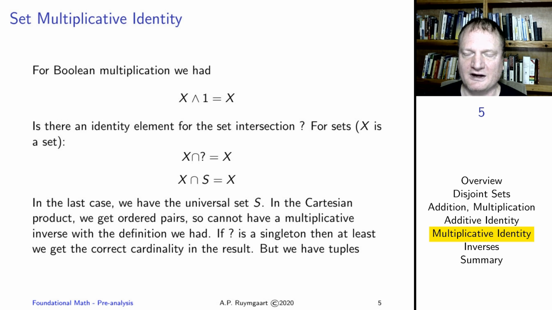So if our set S contains every possible element, then it's also going to contain whatever is in x. So x intersection the universal set is going to return x. And therefore, the universal set of whatever our domain is going to be the multiplicative identity element for the set intersection or set multiplication.